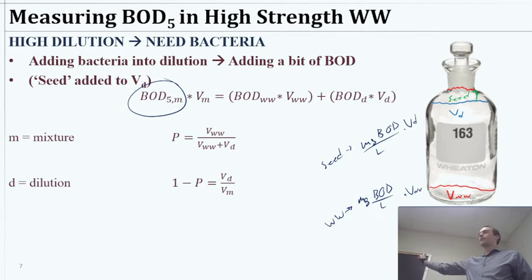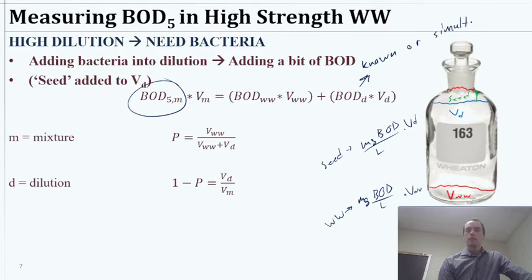And in the context of all of these things, and usually we'll know something about this or we'll do it on the side. So we can say this is known, or I'll say measured simultaneously, because we can set aside a bottle of just dilution water with the seed.